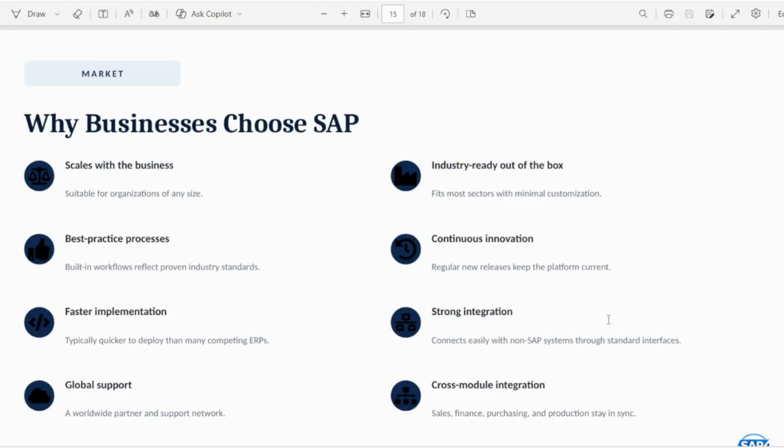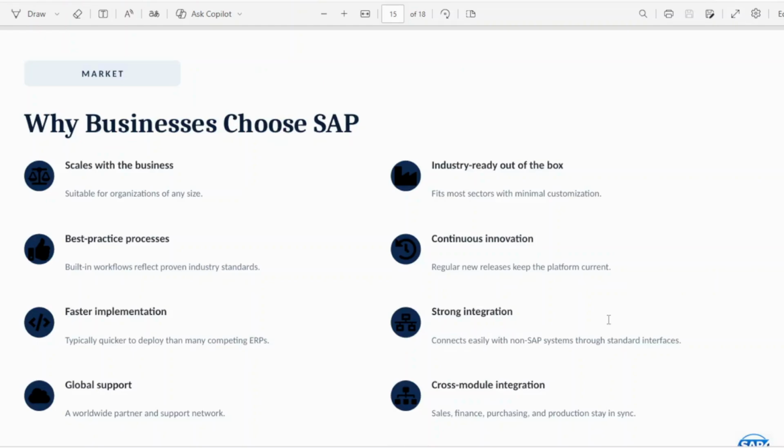Why do businesses or companies choose SAP? A very important question: why exactly do businesses prefer SAP over other options? Let me give you a few solid reasons. The first one is that SAP scales easily, it works for businesses of any size.